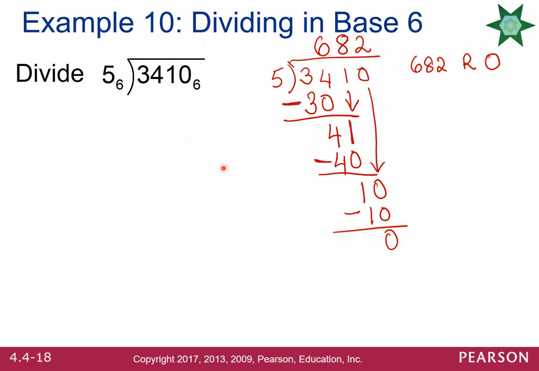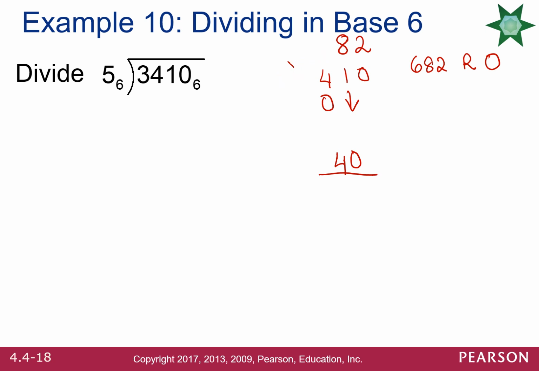All right, so I'm going to erase this and work this division step by step using the same process, but again keeping in mind that we have to multiply and subtract during this process in base 6. So let me erase this and start fresh. The number given to us is 3410 base 6 divided by 5 base 6.